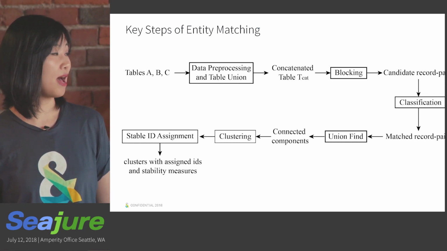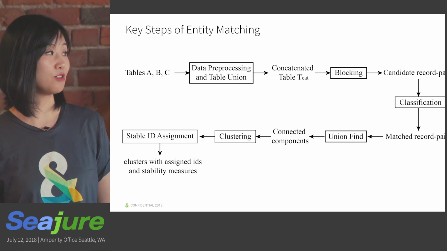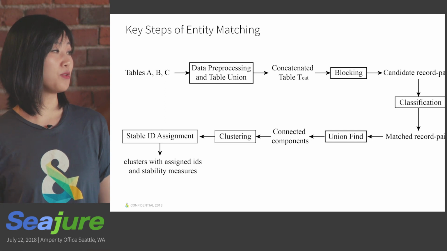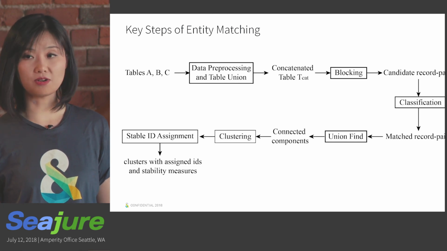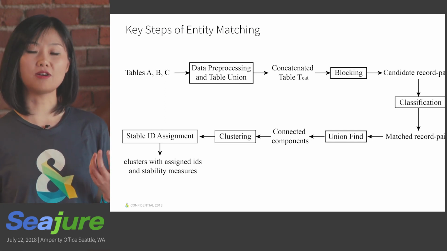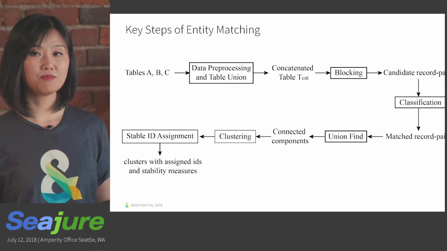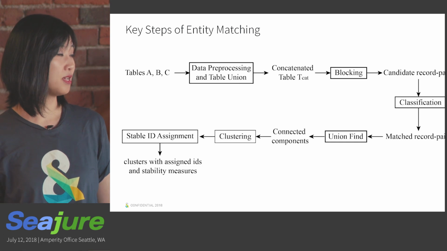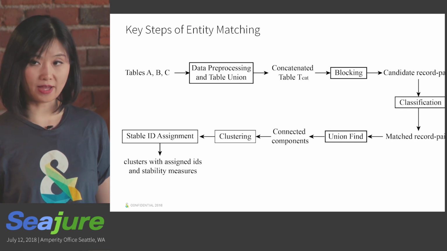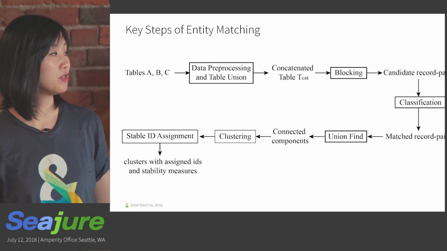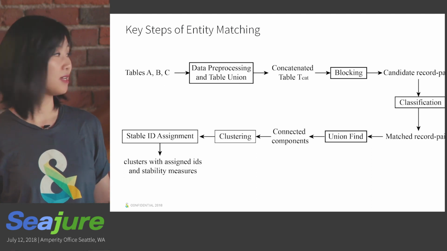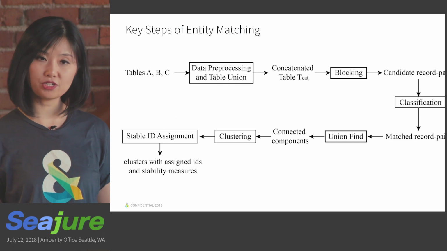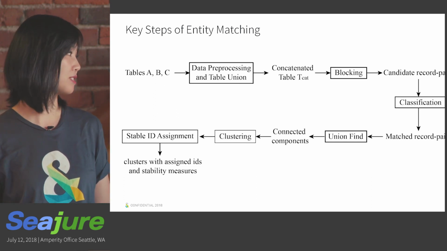Then after blocking, you have candidate record pairs, and you pass those to a classification phase. At the end of that, you will know which pairs are representing the same entity. Then you pass those matched record pairs to union-find. Using the union-find algorithm, you build connected components, and then you pass that to clustering, to see if you need to further partition the connected components into smaller clusters.